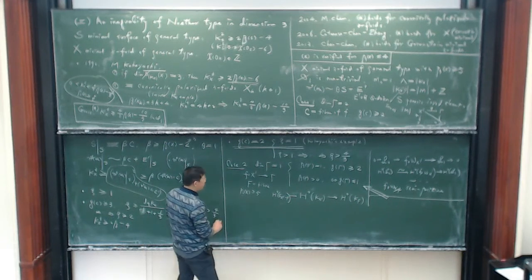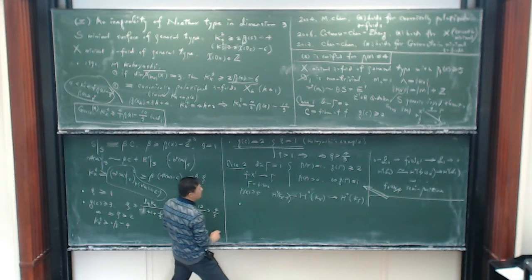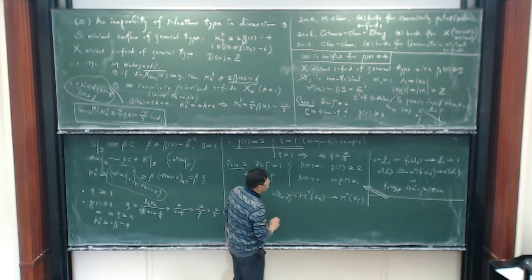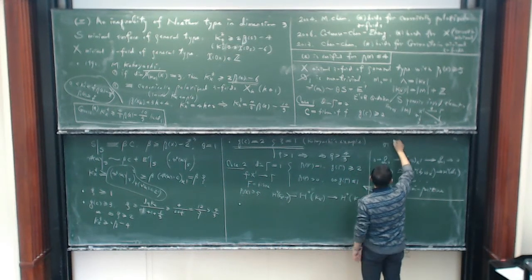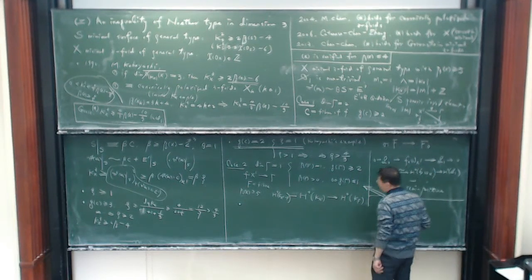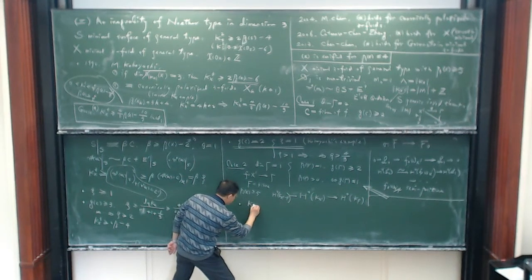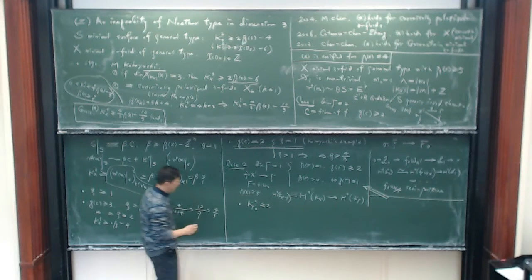So I will consider this by some subcases. First, I still write sigma to be f onto a minimal model. So first case, let me consider K_F0 squared is 2.